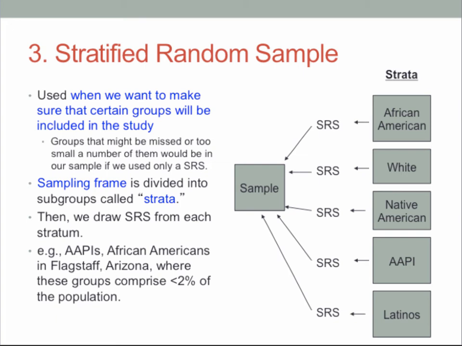So for example, Asian American Pacific Islanders, African Americans in places like Arizona, where these groups comprise less than 2% of the population. So imagine if you were doing a study, maybe smoking behaviors among people who live in Arizona, or particularly who live in Flagstaff, Arizona. If you just did a simple random sample, the likelihood of you capturing Asian Americans or Pacific Islanders or African Americans within your sample is going to be very, very low.